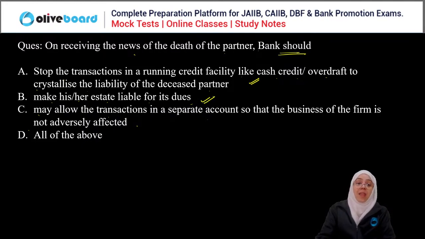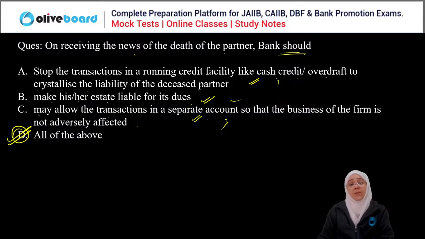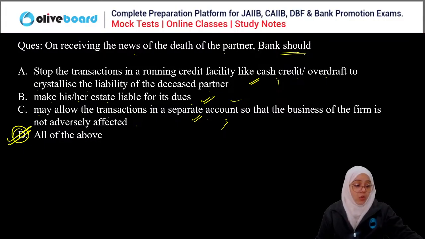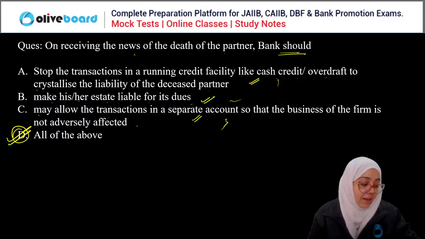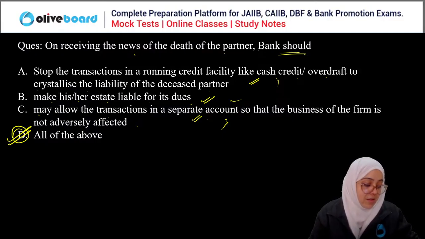Then, they may allow the transaction in a separate account so that the business of the firm is not adversely affected. All of the above is the correct answer. So this is the plan of action for the bank: first this, second this, third this. All of the above is the correct answer, right?